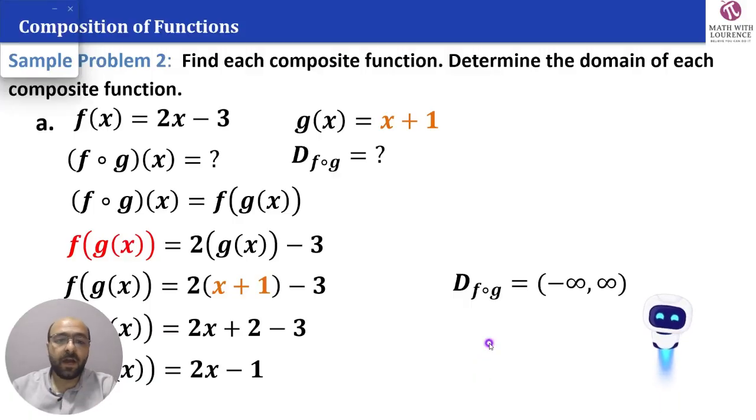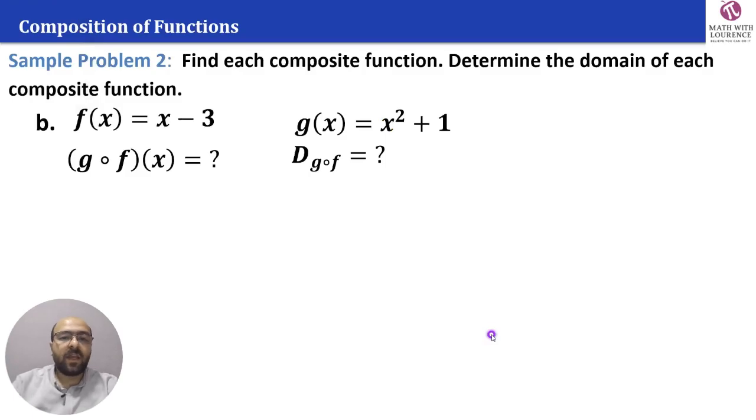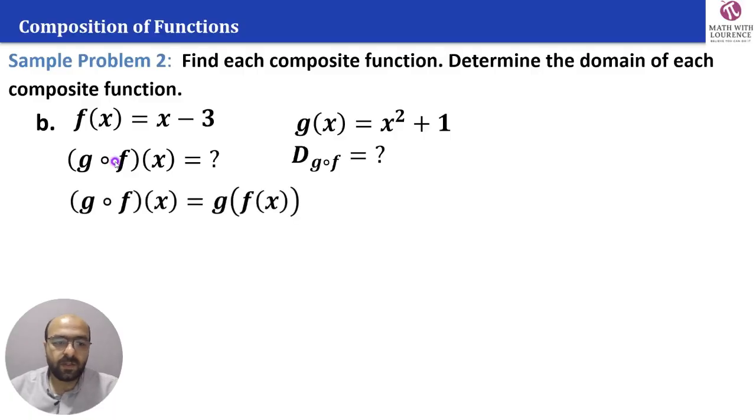Well, another exercise. If I have f of x equals x minus 3 and g of x equals x squared plus 1, and he asked me to find g of f, I will start with g and substitute f. Excellent. So I will write g of f of x.